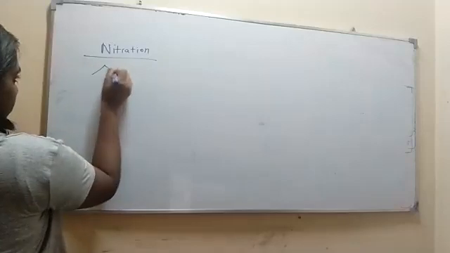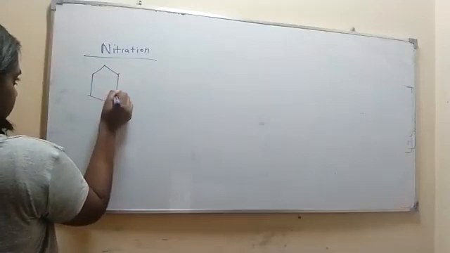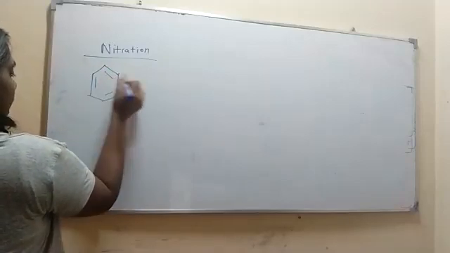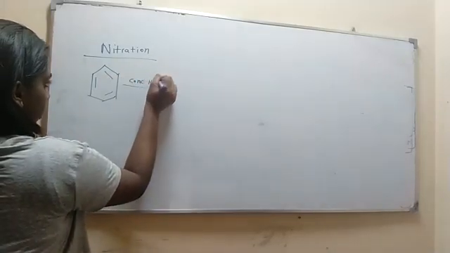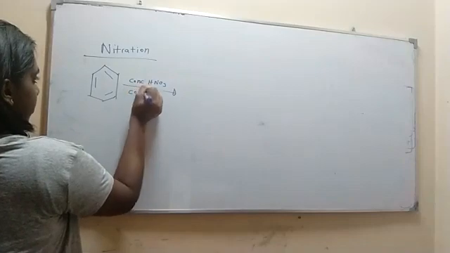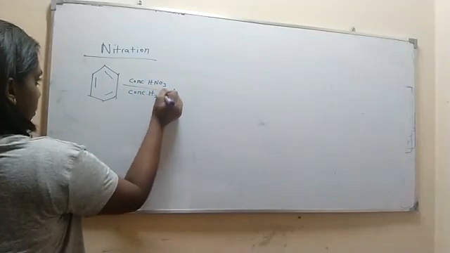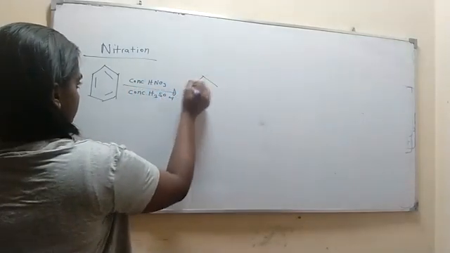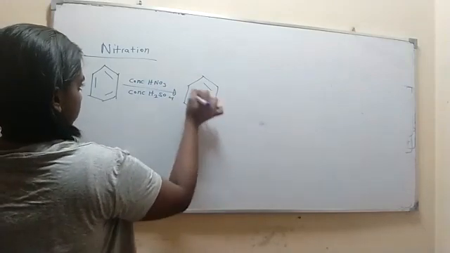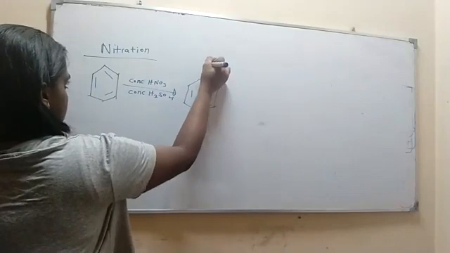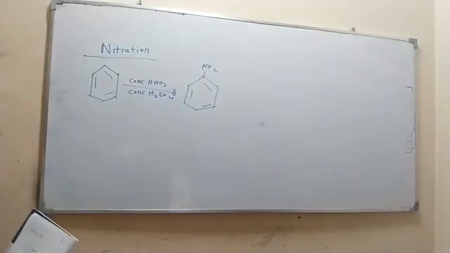So for a benzene ring, we are adding concentrated HNO3 and concentrated H2SO4. Then NO2 will be substituted. Let's see the mechanism.